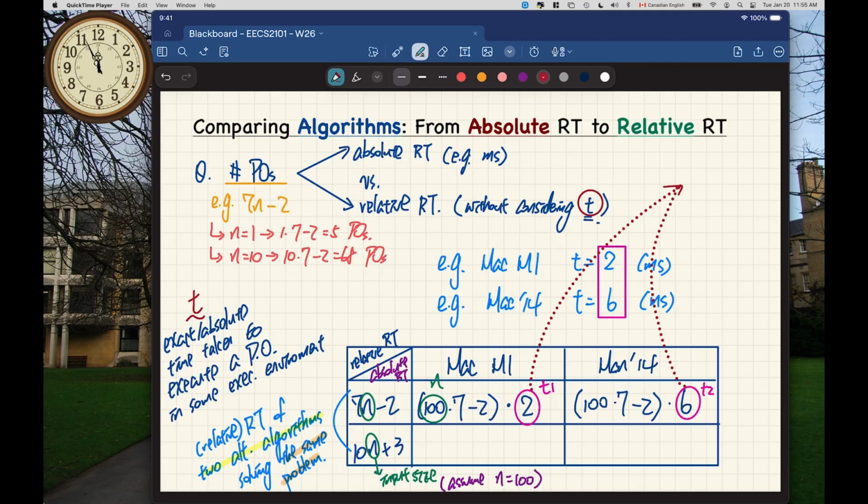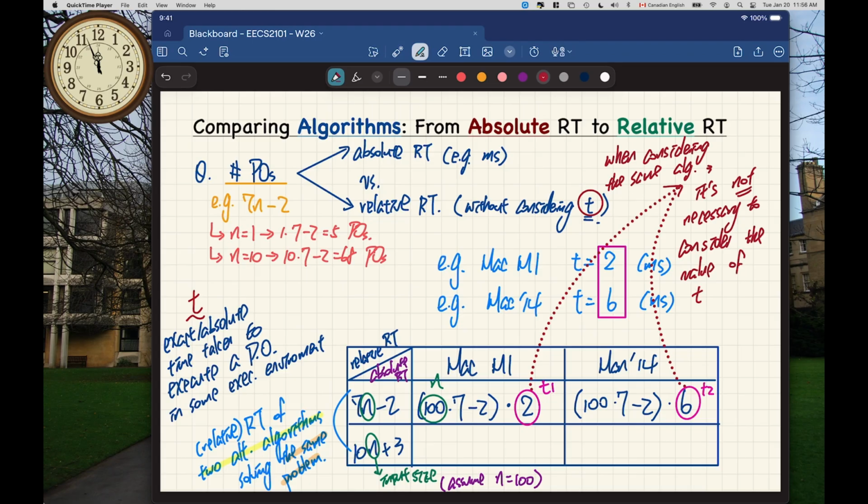I'm going to say, when considering the same algorithm in different platforms, it's not necessary to consider the value of t.